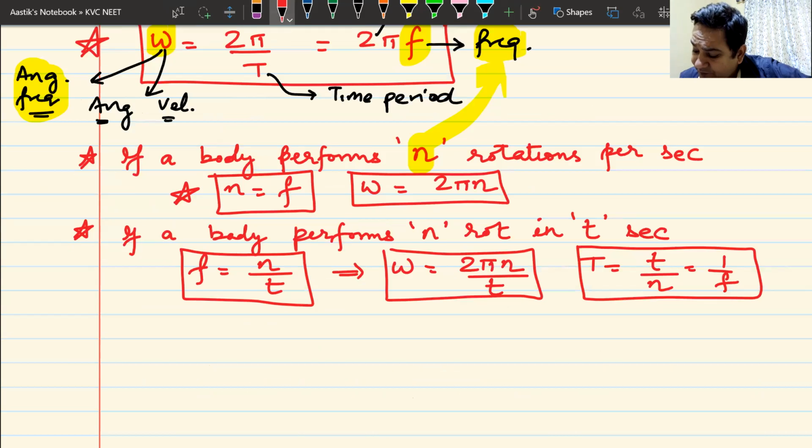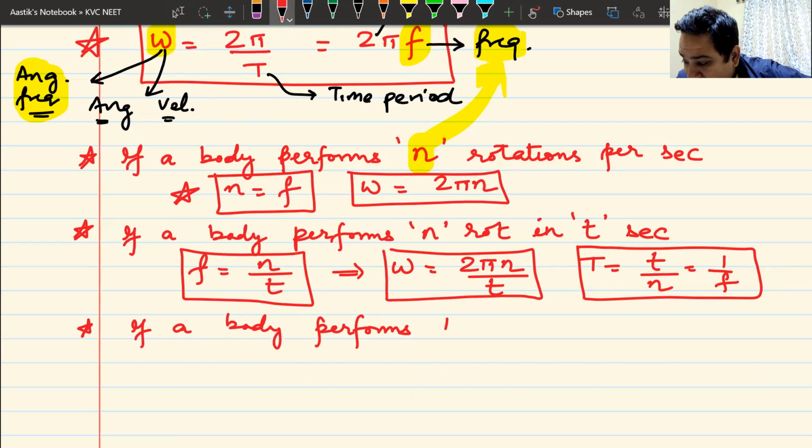There can be a different variation of the same. If a body performs capital N rotations or revolutions in 1 minute, you know what happens?